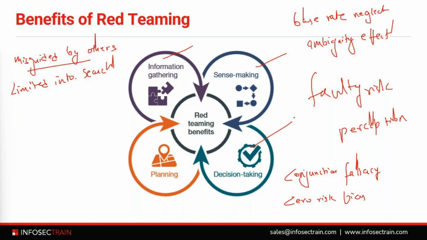Problem issues can arise if the individual uses inappropriate analogies to aid problem solving or is not sufficiently flexible in their thinking, and so that person draws the wrong conclusions. That's the decision taking process. So red teaming helps you in decision taking, it betters your decision taking.